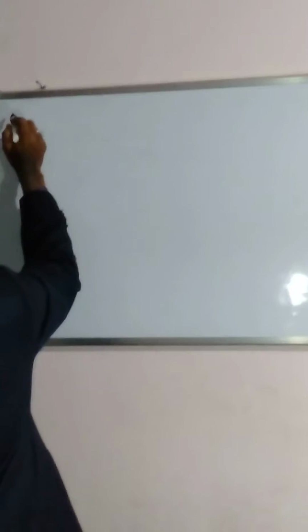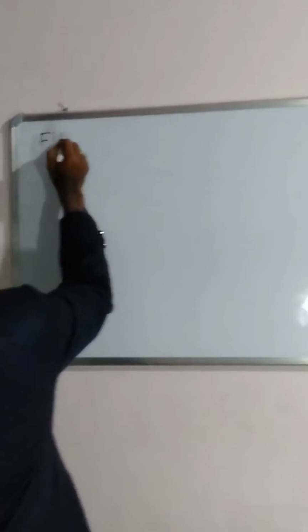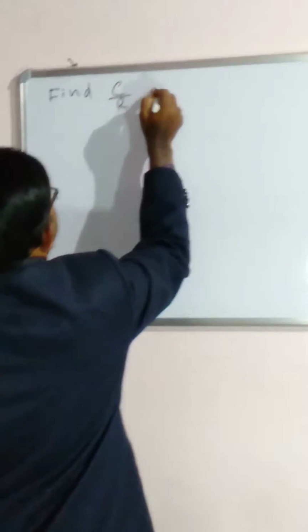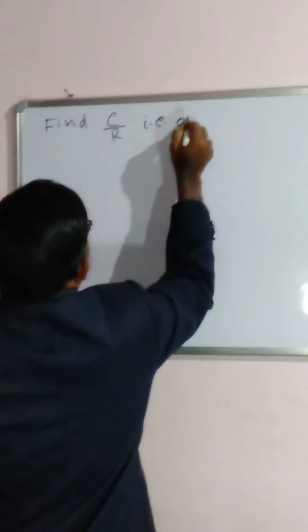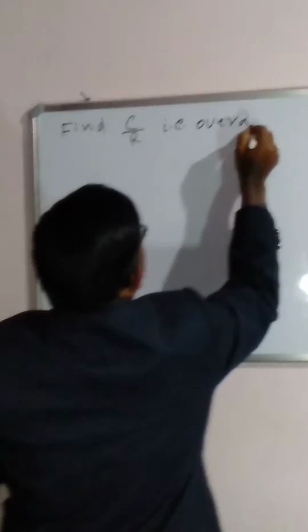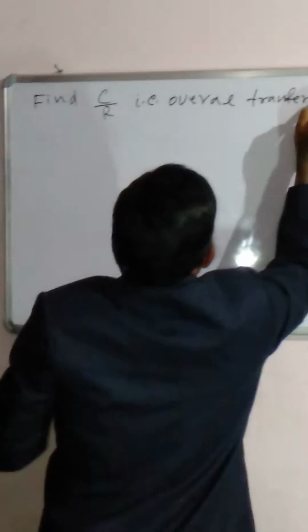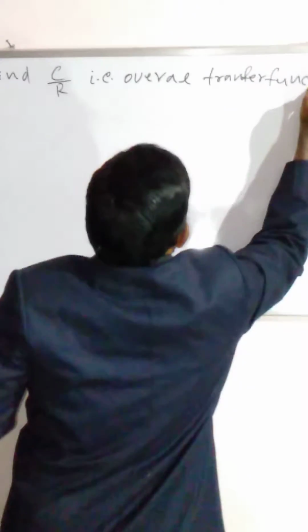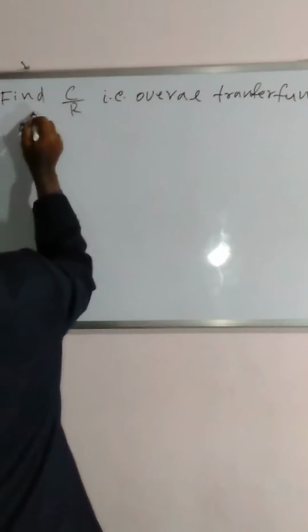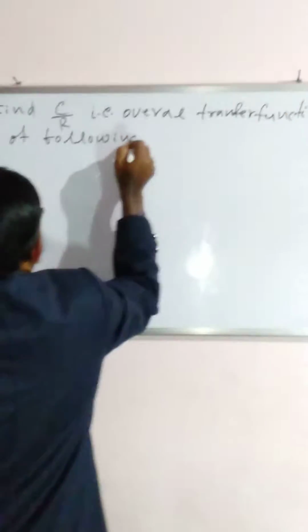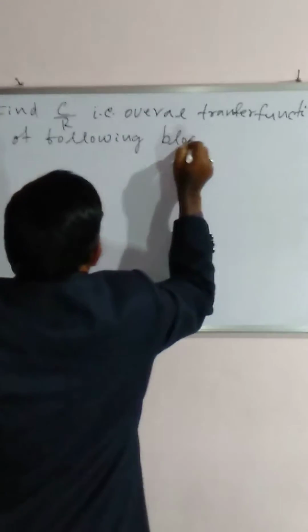The problem is, find C by R, that is the overall transfer function of the following block diagram.